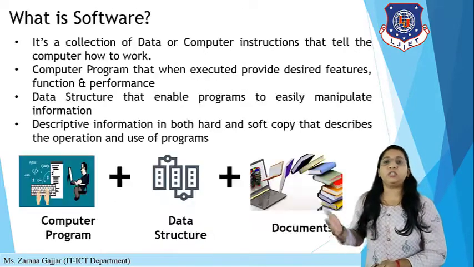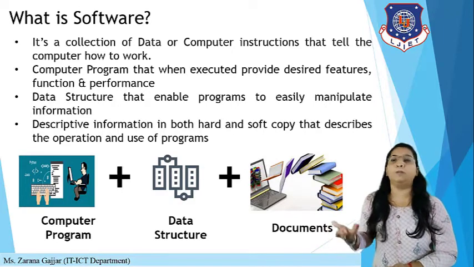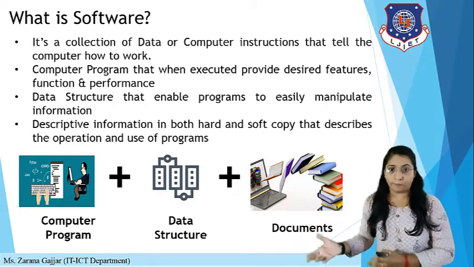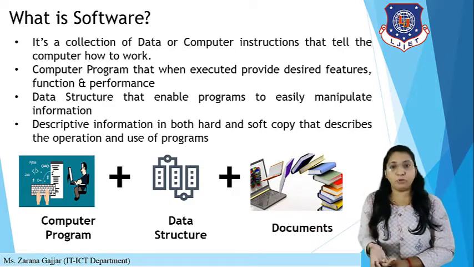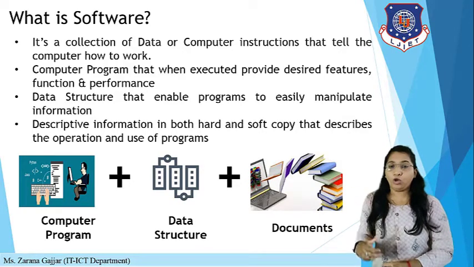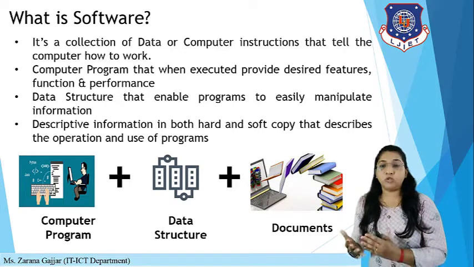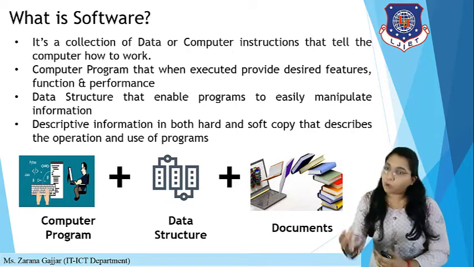The first term is software. In software engineering, we have already learned what software is. Basically, software is a set of programs, a collection of data or computer instructions that tells the computer how to work. If we are developing any software, we are giving some instructions to perform some operation.